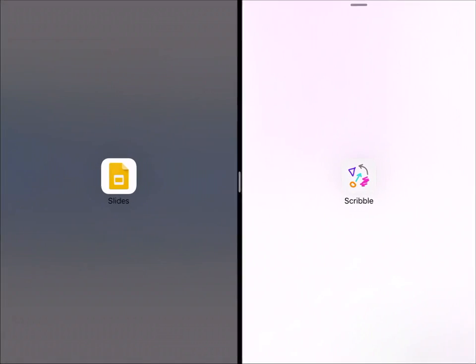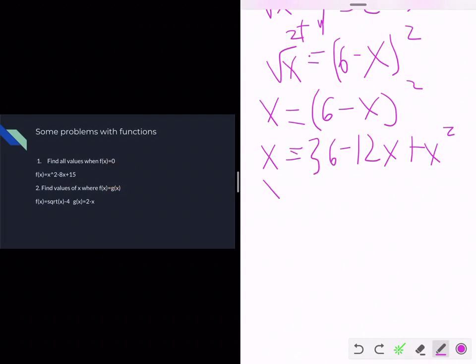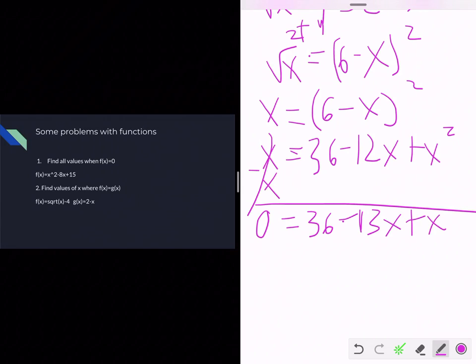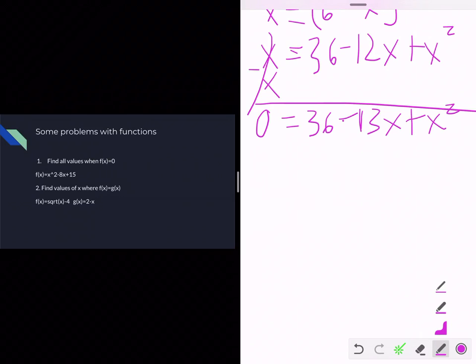Subtract x, there you go. So now you have 0 equals 36 minus 13x plus x squared. And then you can rewrite this to look more like the standard form of a quadratic, which is x squared minus 13x plus 36 equals 0.